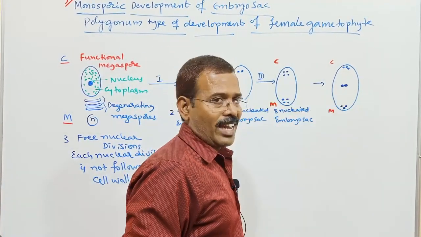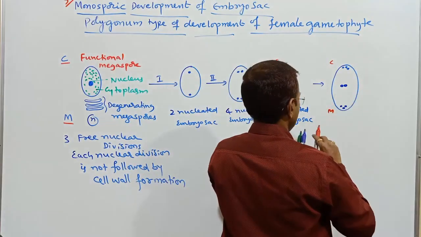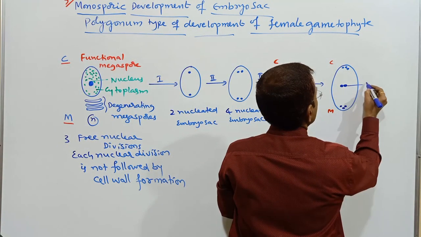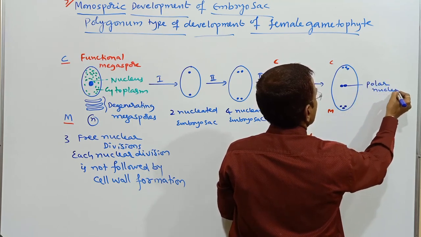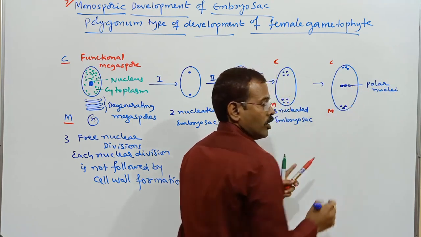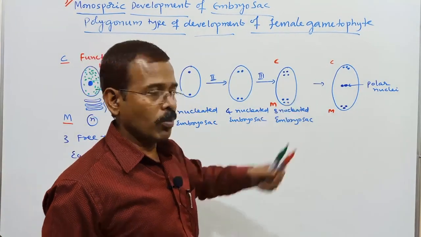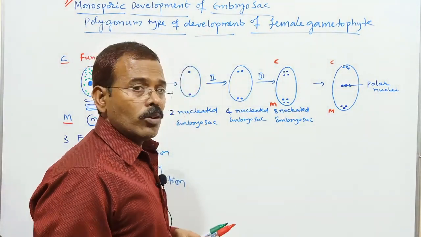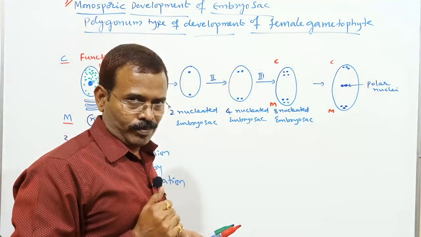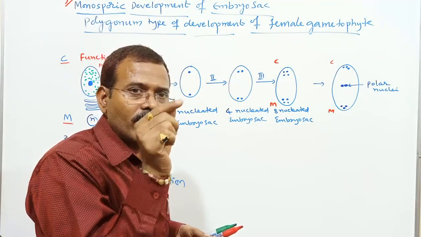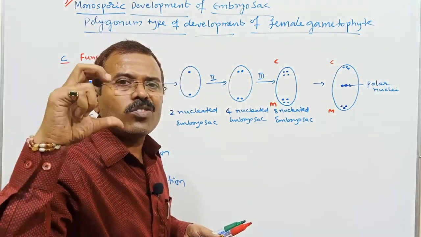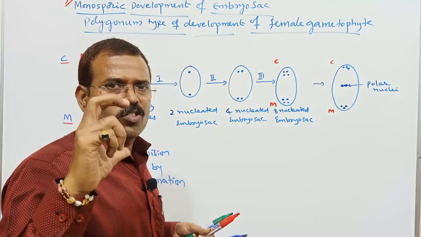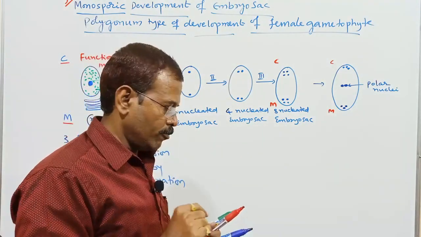So we refer to them as polar nuclei, 2 polar nuclei, all haploid in nature. Due to the cellularization, specific cells are formed at each pole and even in the center.